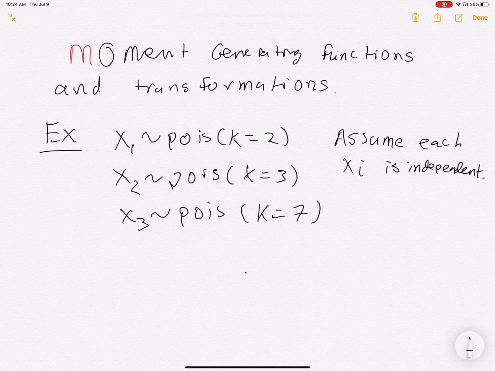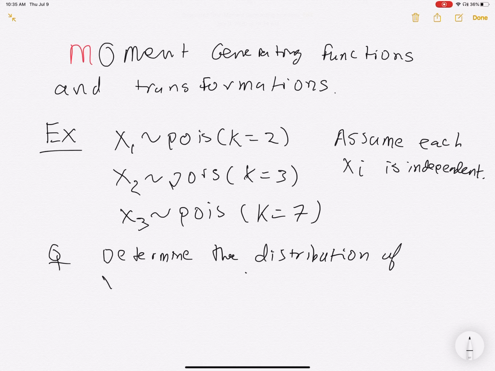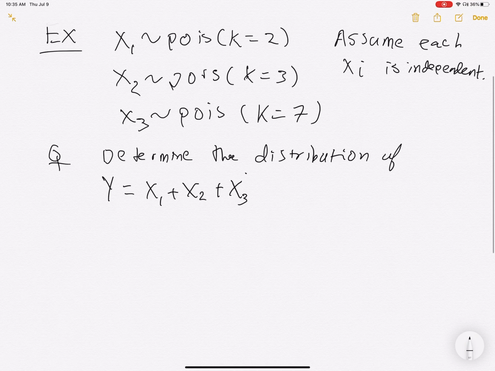Okay. Now, what we're going to be asked to determine is the distribution of Y equal to X1 plus X2 plus X3. Now, because of the independence assumption, we can go ahead and use theorem 7.3.2.